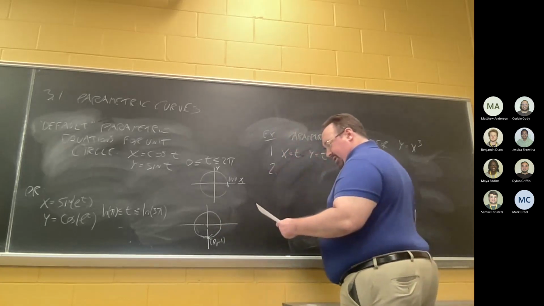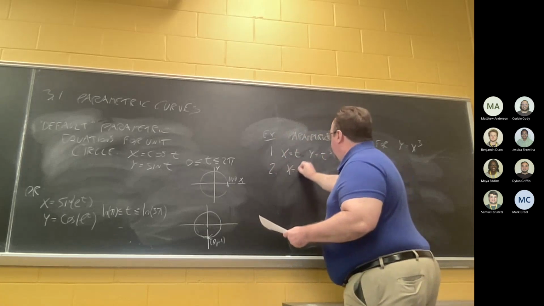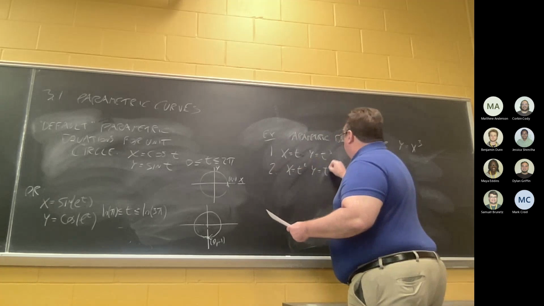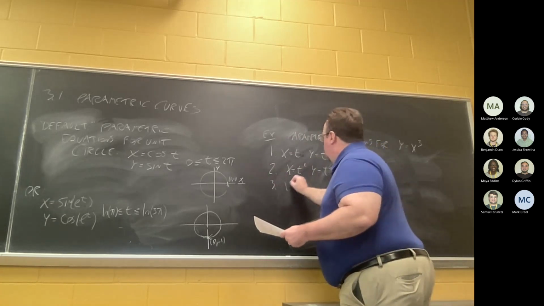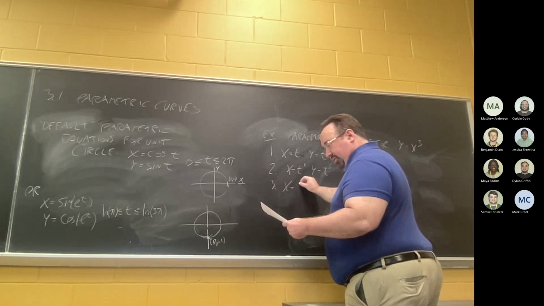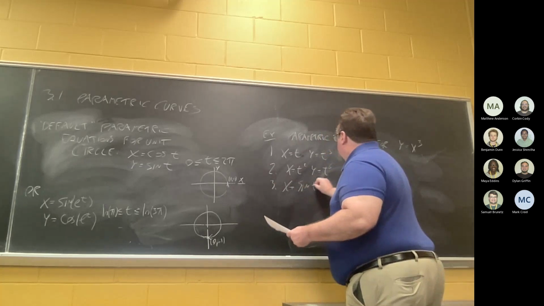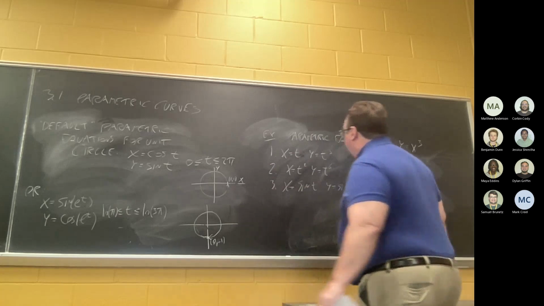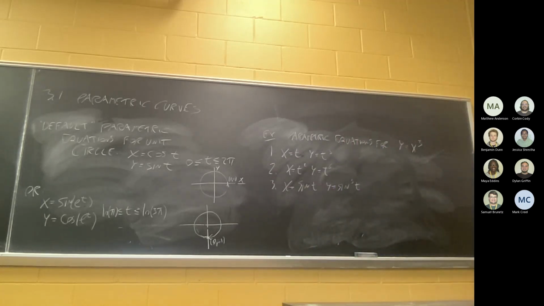Next one, x is equal to t squared, y is equal to t to the 6. And third one, x is equal to sine t, y is equal to sine cubed t. So in all 3 cases, you can see that the y value is the cube of the x value.